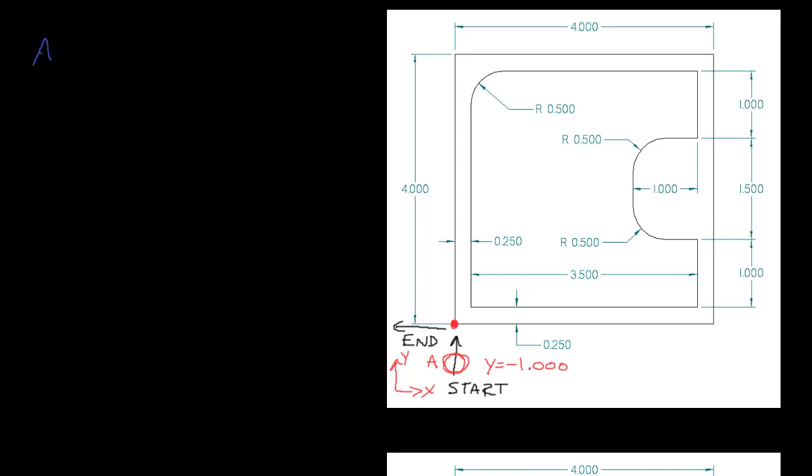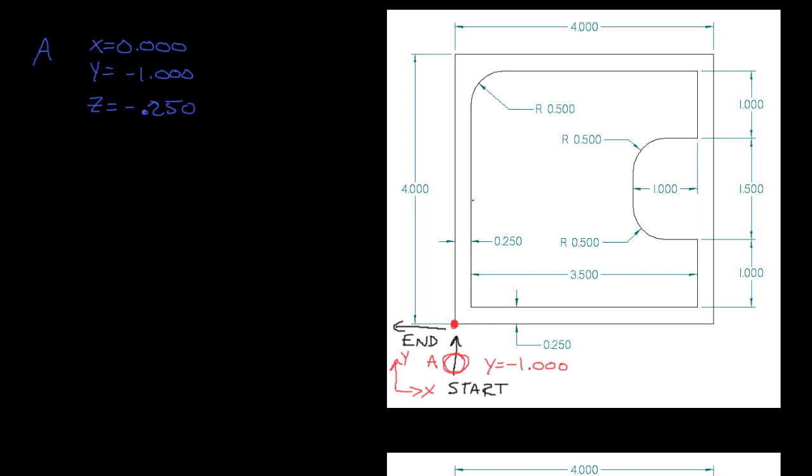So A has a point of x is equal to 0.00, y is equal to -1.000, and z is at -0.250. So I know at this point that the cutter is cutting to a depth of negative 0.25, so I've already set that up right there, -0.250.